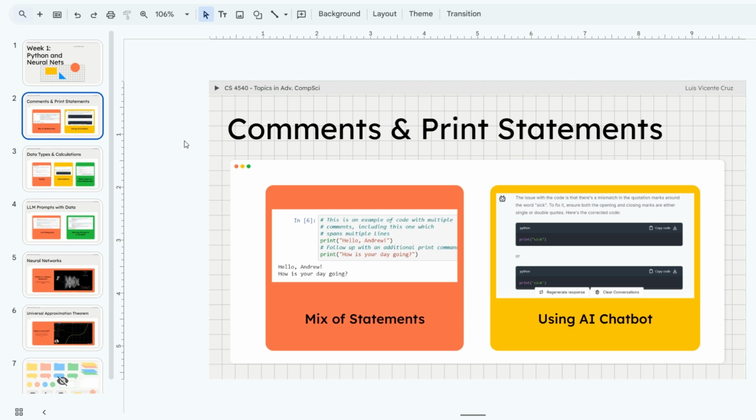So you can say something along the lines of, given this code, can you tell me what's wrong or how would I go about fixing it? And the chatbot will actually go ahead and provide examples for how to fix the specified code. And in this example, it gives actually two ways of correcting the code.